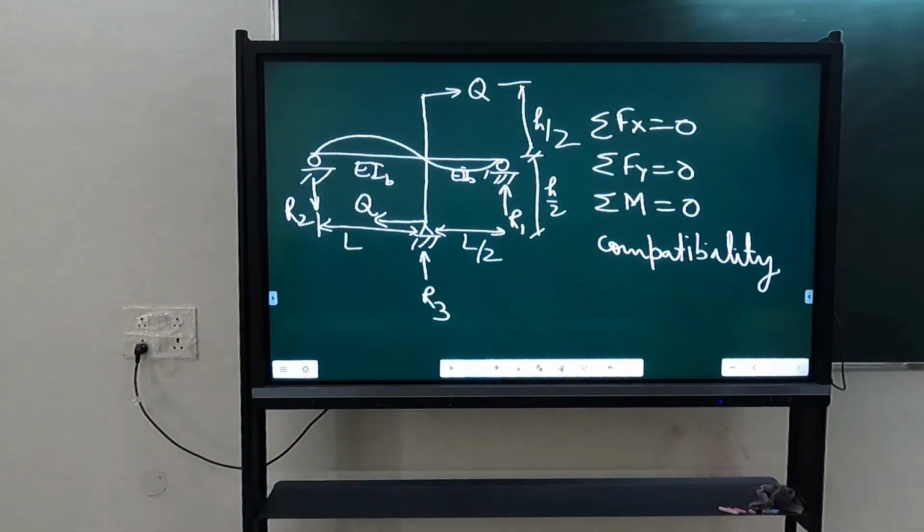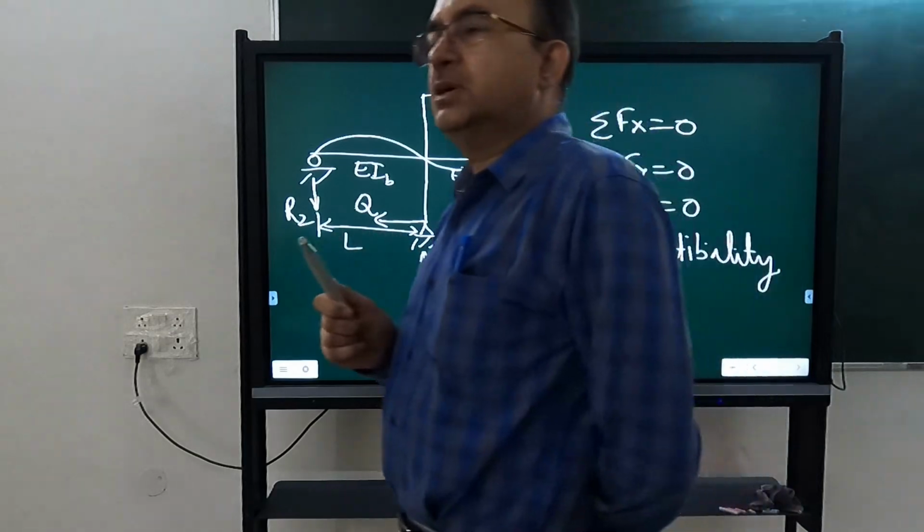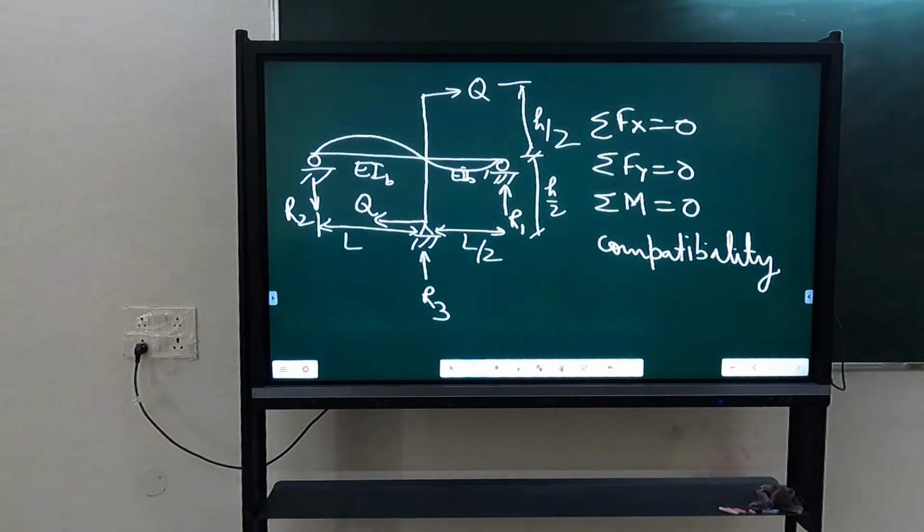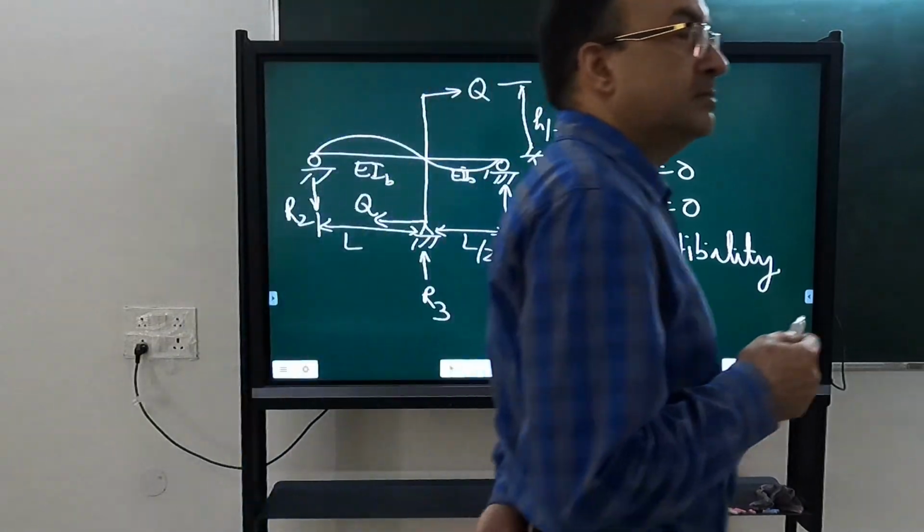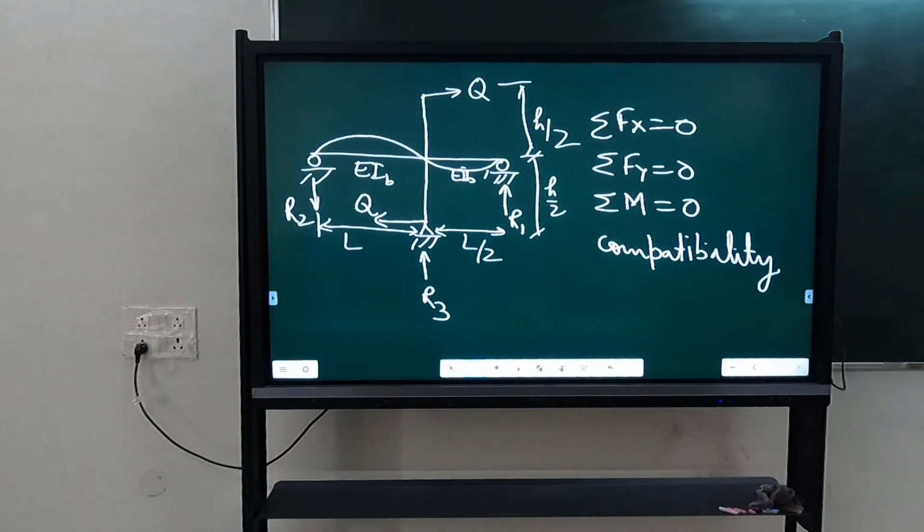So these are the three basic principles which every structure, linear, non-linear, static, dynamic, has to follow. What are those? Equilibrium, compatibility, and constitutive law. What are the different constitutive laws which you have studied so far? Stress-strain relationship, and M-phi, and M-theta.